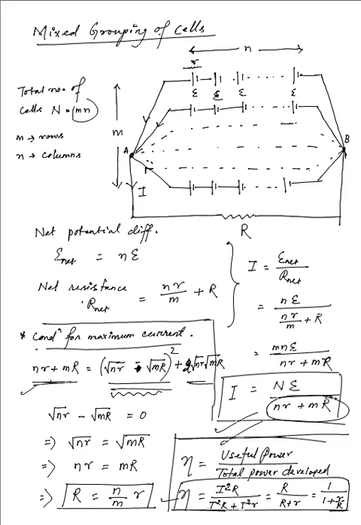We'll be doing the current law in this video. The voltage law will follow in the next video, keeping in mind the length of the videos that I usually make.